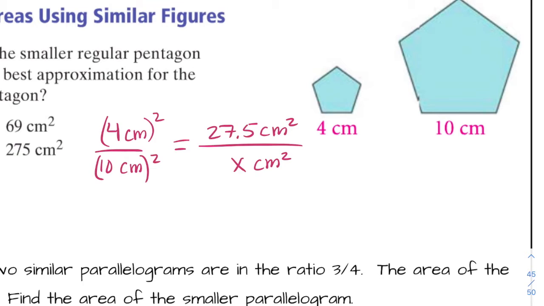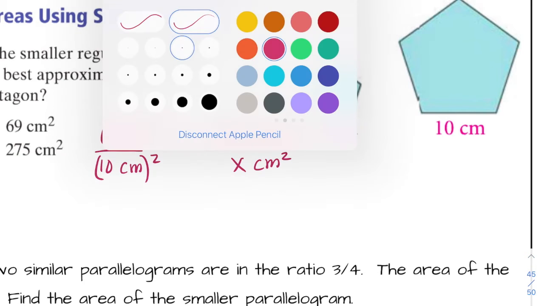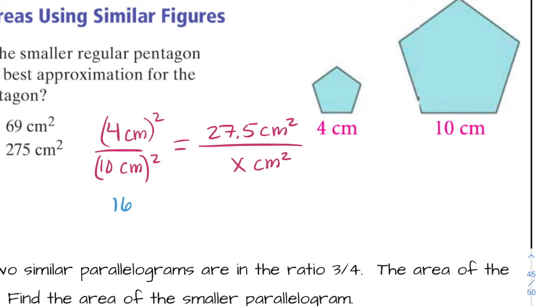So we are going to write this now as 16 over 100, forgetting units for a moment, equals 27.5 over x. So what you notice is that I did not square 27.5 because those units were already squared.